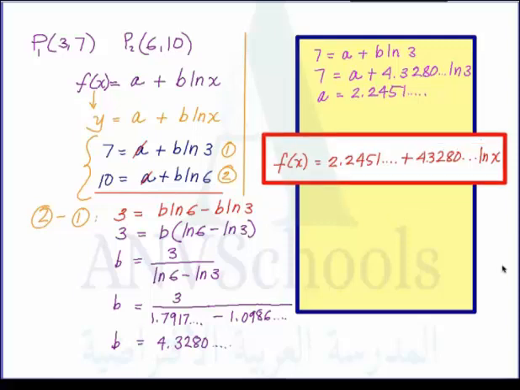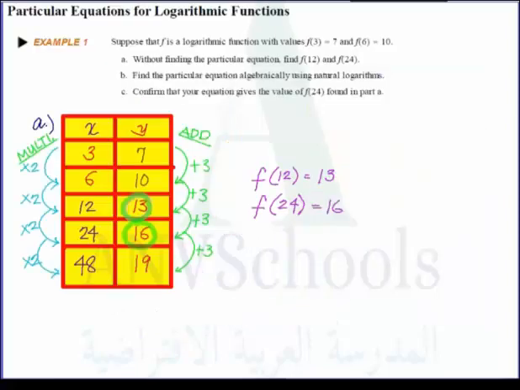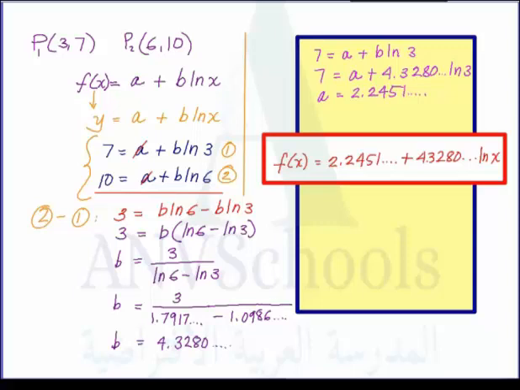Okay, that's my logarithmic function. By calculator, we could now find the value of f of 24 as in part C. In C we are asked to confirm that our equation gives the value of f of 24 from part A. We found in part A that f of 24 is 16, and we're going to confirm it using this equation.